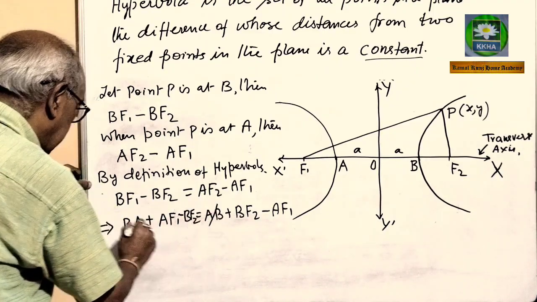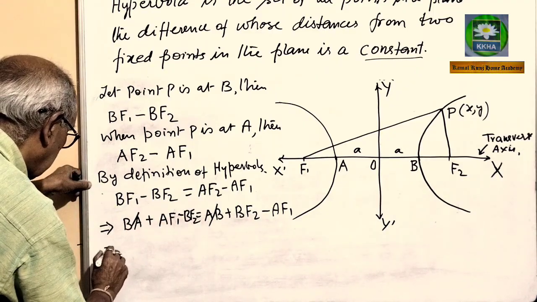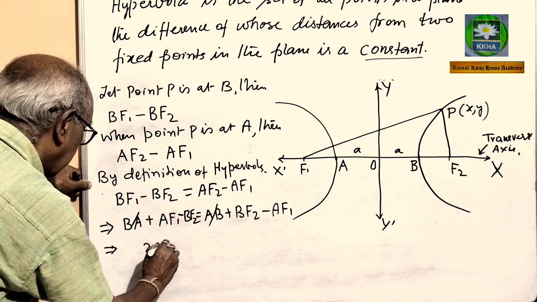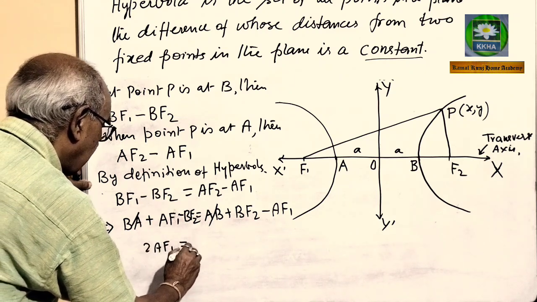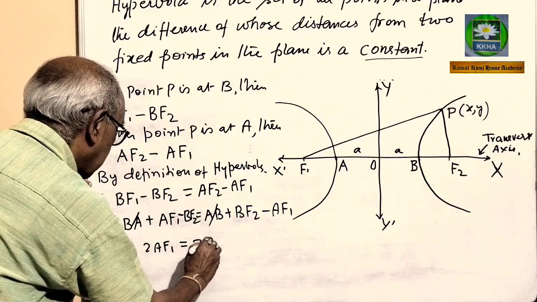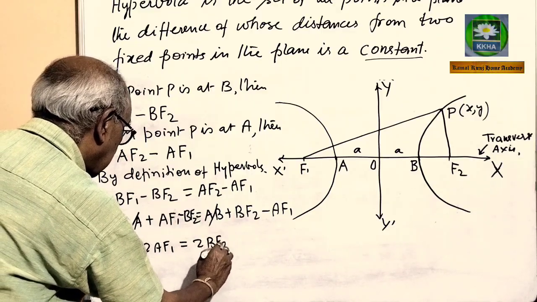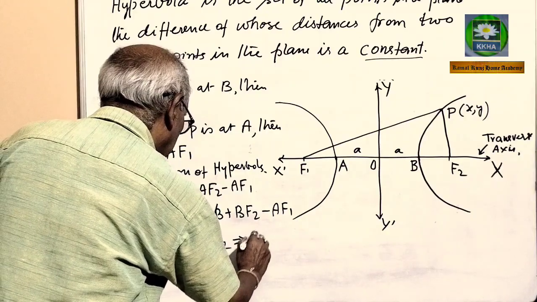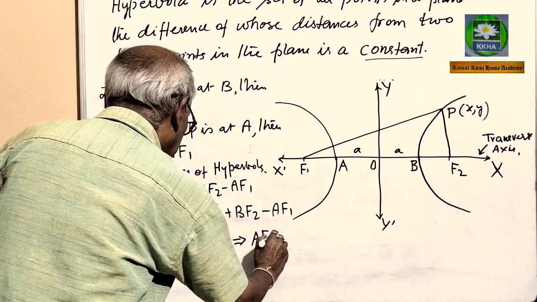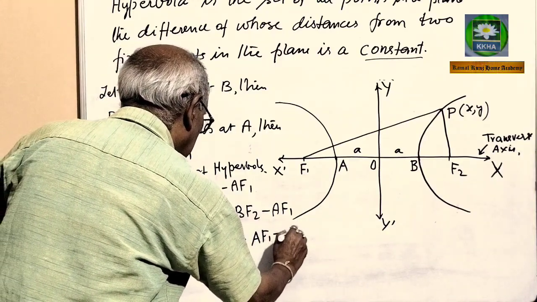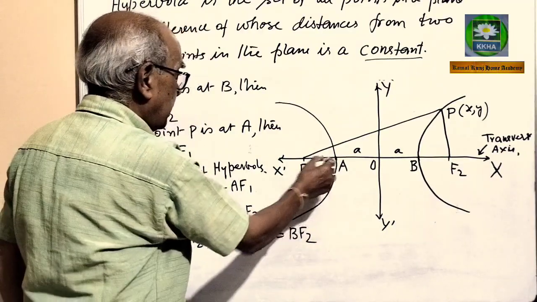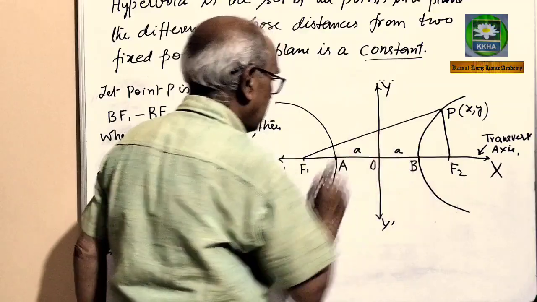So this gets cancelled. This implies that 2AF1 will be equal to 2BF2. This implies that AF1 should be equal to BF2. That is, AF1 will be equal to BF2.